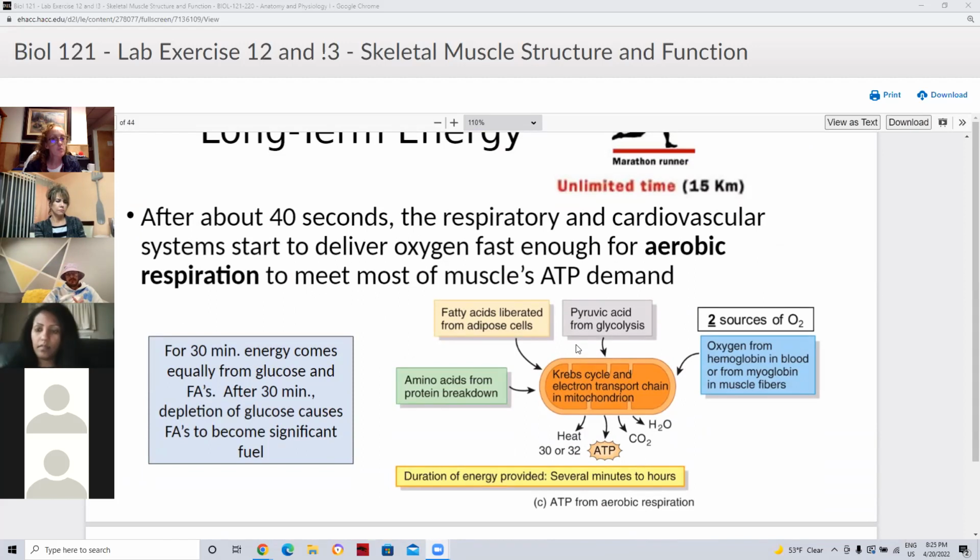So your heart and your respiratory system have to get up to gear in order for you to use aerobic respiration solely. Your heart has to get pumping fast enough. You have to start breathing faster in order to get to where they need to meet to allow for aerobic respiration in the muscles.